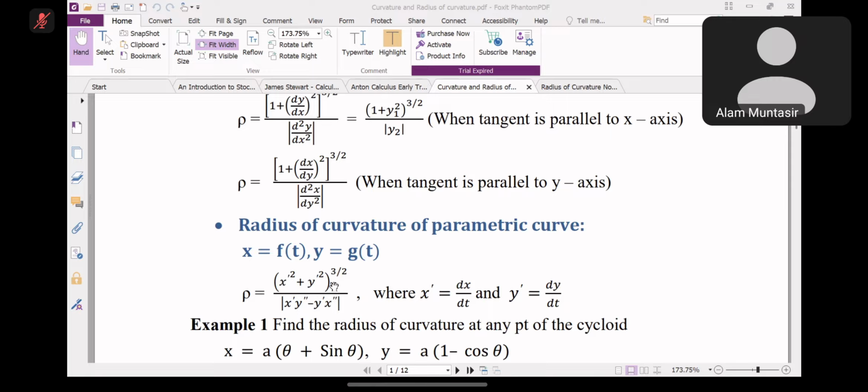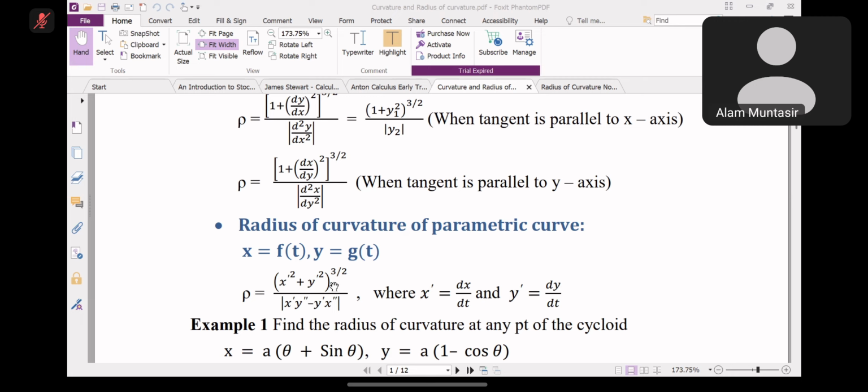If you consider y equal to x, this is a straight line, so it has no chance of bending. If we take y equal to x square, then it has a chance of bending, since the curve is parabolic shaped.